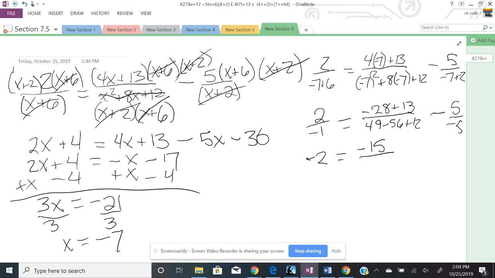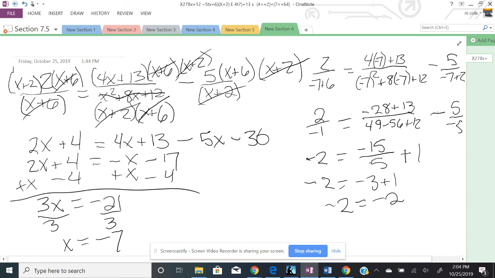Negative 7 plus 12 is 5, minus the 1. So is negative, oh no, this would be a plus 1. So is negative 2, because of that negative in the negative, equal to negative 3 plus 1? And so negative 2 equals negative 2.